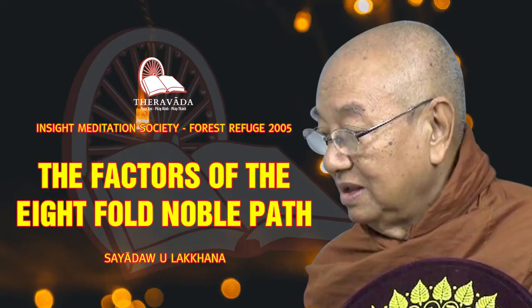In the same way, the objects of awareness are these 4 satipatthanas, such as kaya, so noting the bodily sensations. And what we look with is the factors of this Eightfold Noble Path. So you can say that the Eightfold Noble Path is like the eye with which we look at the objects.